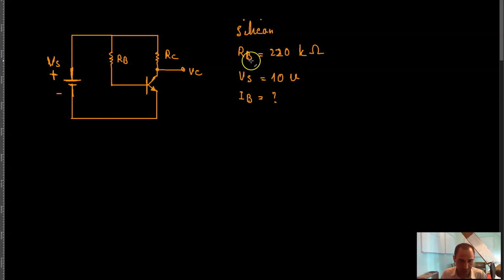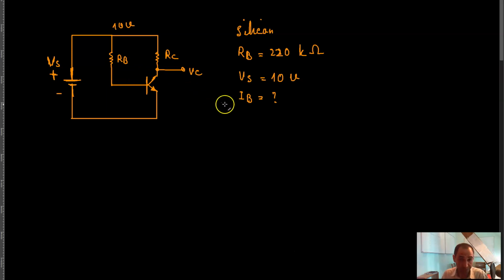Now that the supply voltage has been increased to 10 volts, the voltage drop across the p-n junction is not important anymore. Meaning that now I can simply assume that the whole supply voltage, 10 volts, is being dropped across the resistor.